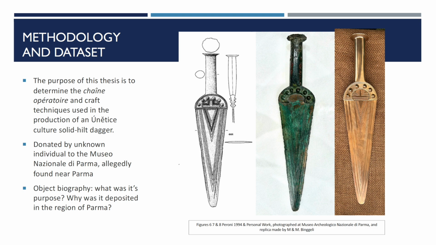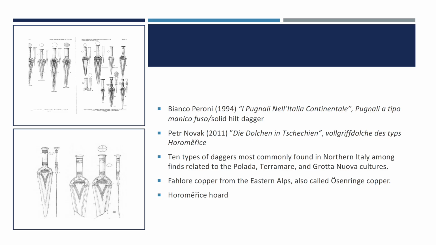Then there's a photo I took of the actual dagger at the museum, which the curator of the Archaeological Museum, Angelo Mutti, was kind enough to let me actually handle. And on the far right is another replica of that dagger made by the Swiss metallurgists Markus Binggeli and Markus Binggeli. This particular example was not made with the lost wax technique, but this is an example of what it would have looked like before its deposition.